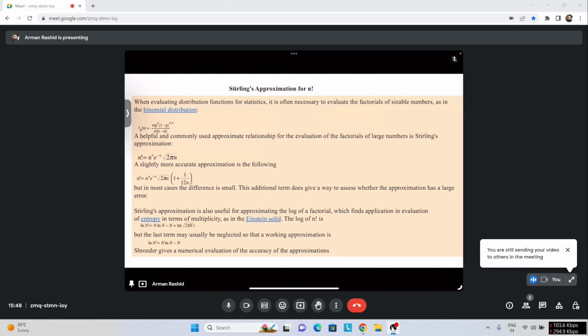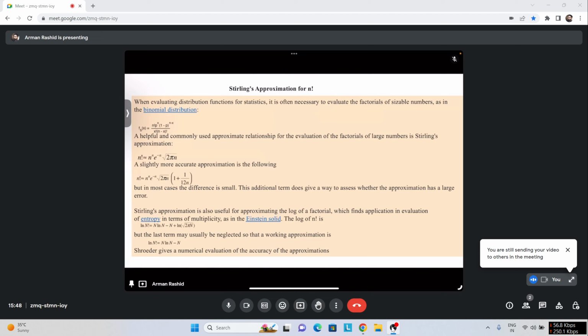If n is very small, then we can easily calculate it using normal methods. But once n goes very high, that means the number of distributions or particles we are concerned with is very high, calculating n factorial is problematic. It's a mathematical challenge.